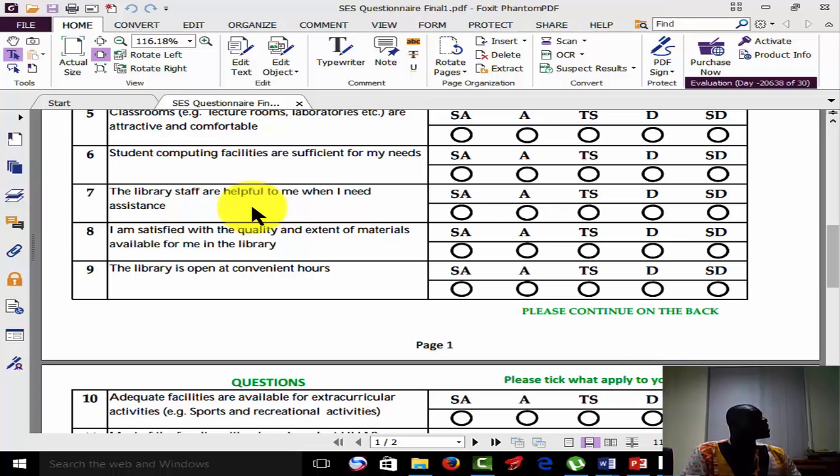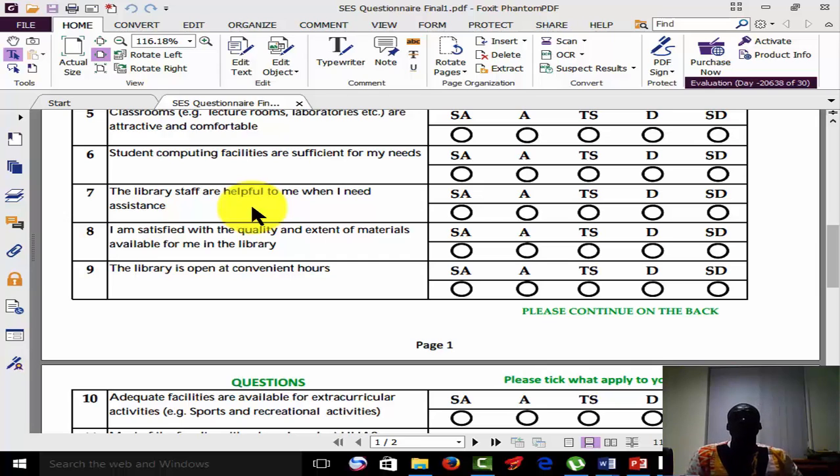Now, these 3 questions are supposed to measure the domain of what? Library. Now, the question we want to ask ourselves is, these 3 items, are they representative enough to cover the things we need to assess as far as library services is concerned?